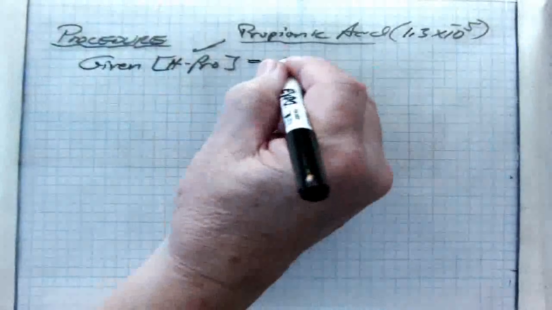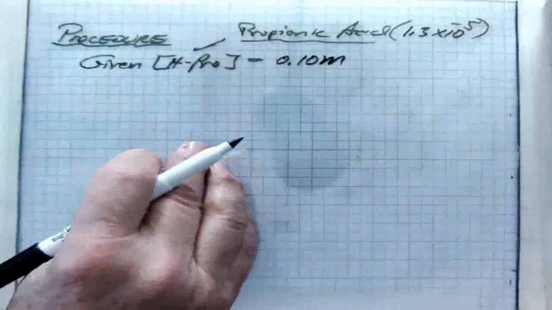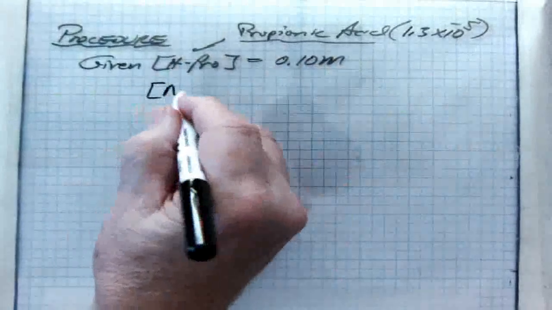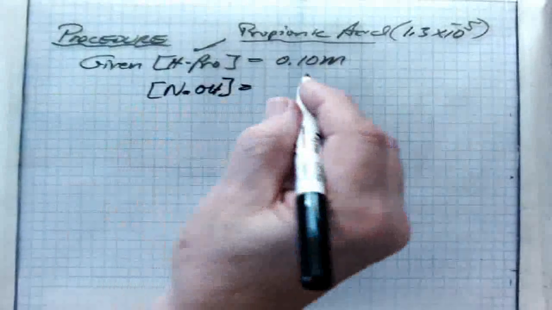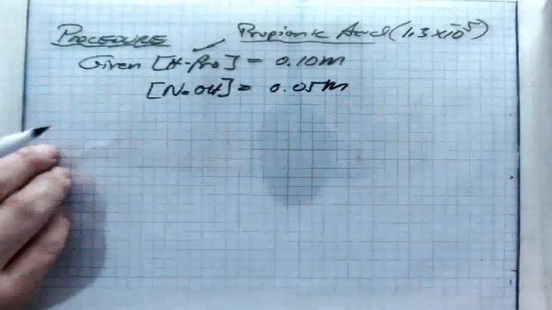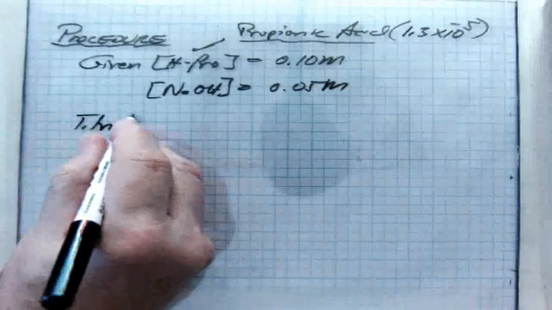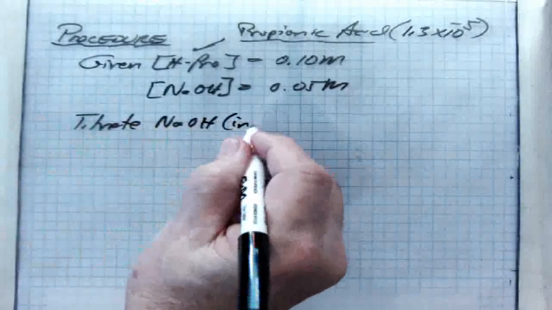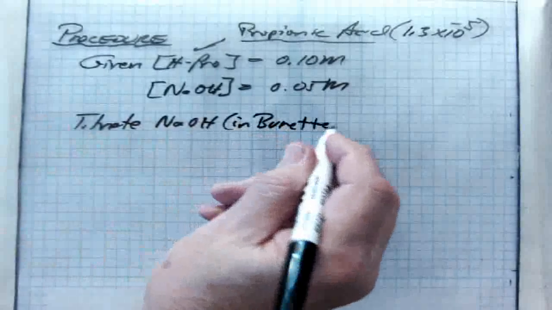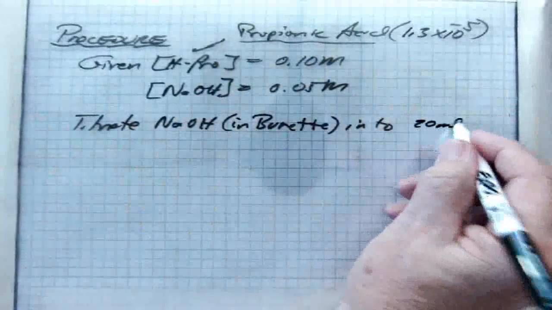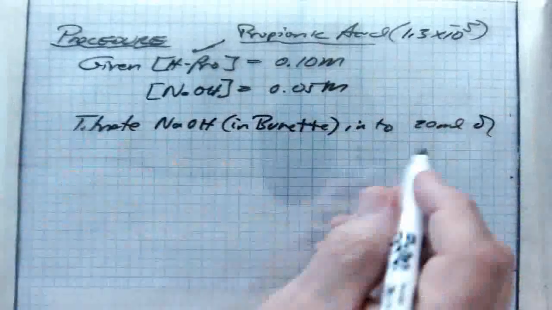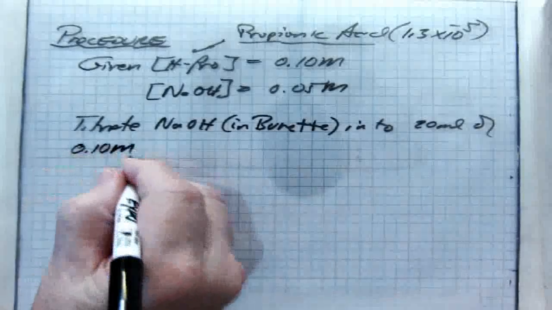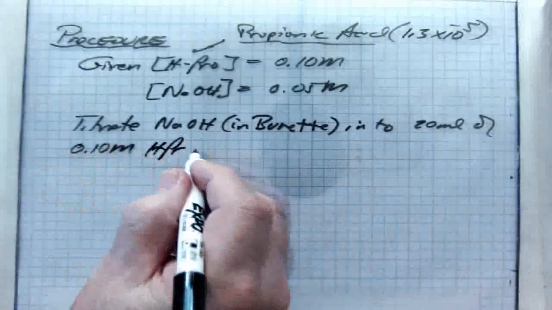Draw straight line from VEQ over 2 up to graph and over to pH at VEQ over 2, and finish by calculating the Ka value equals 10 to the minus pH at VEQ over 2. Do it 3 times.